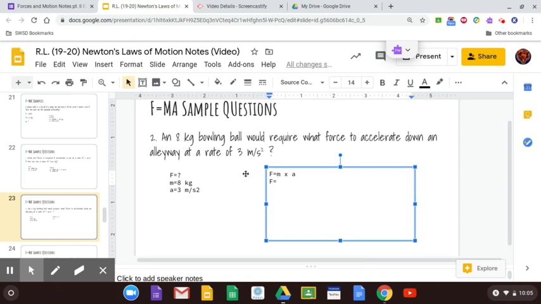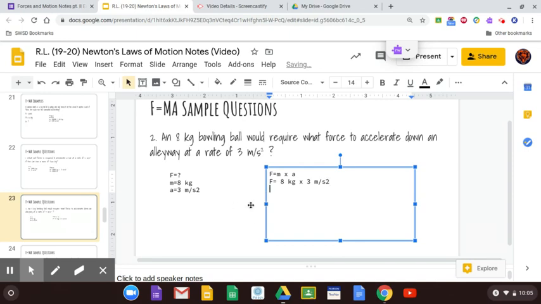The M that I need to fill in is 8 kilograms. So I'm just going to substitute that M for the actual number that we're using for the variable. We're going to multiply it by acceleration, A, and that is 3 meters per second squared.